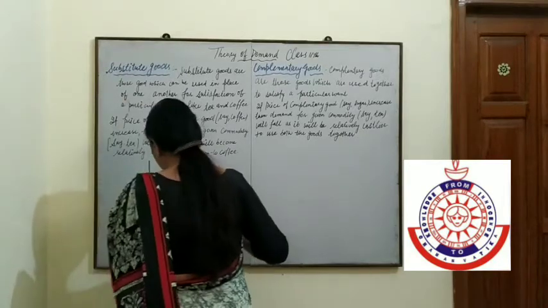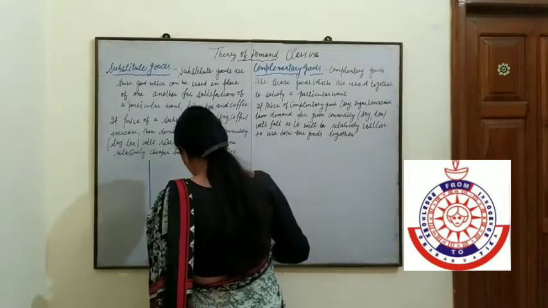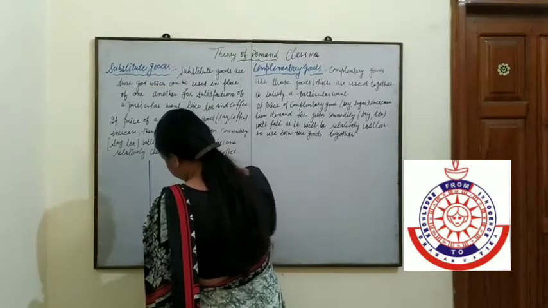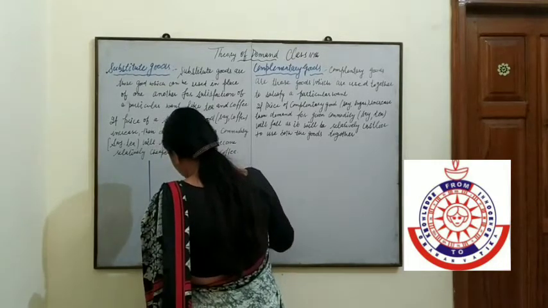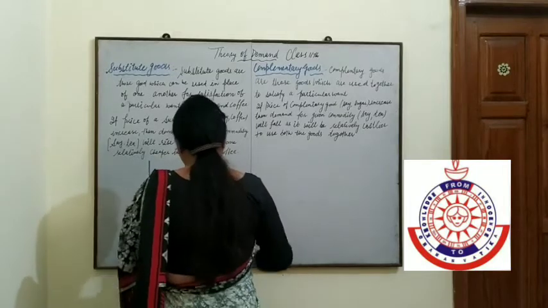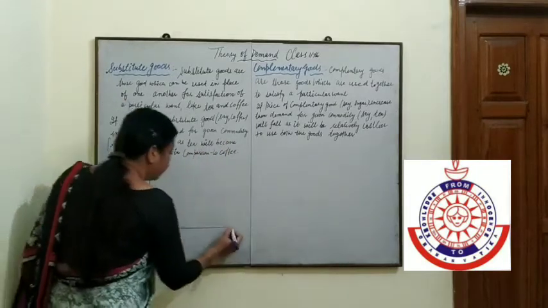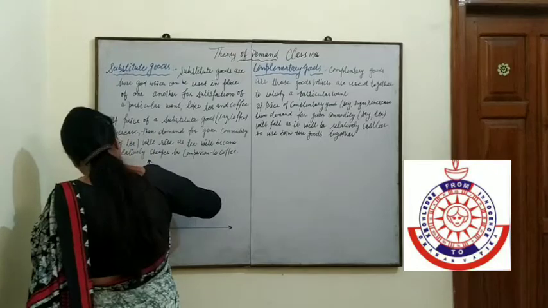The price of coffee and the demand for tea is given. On the x-axis we will show the price of coffee.